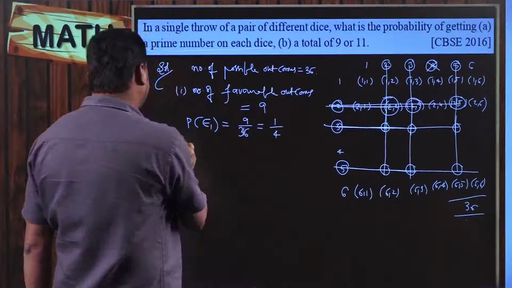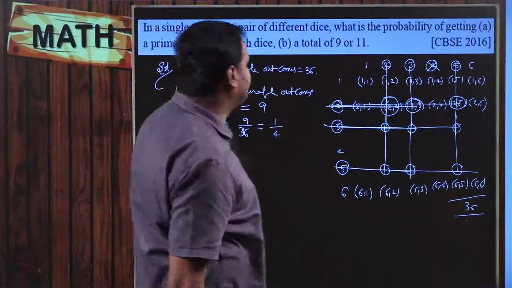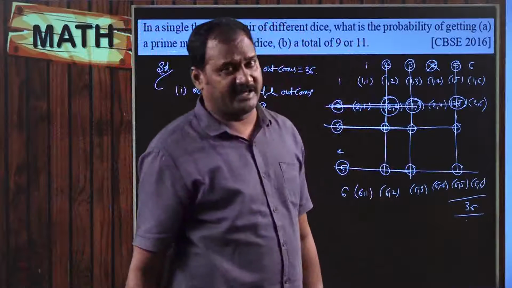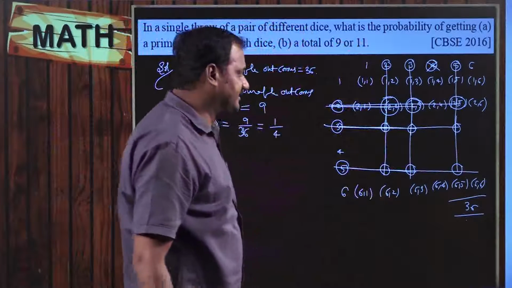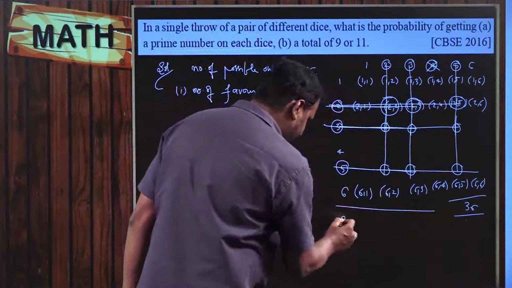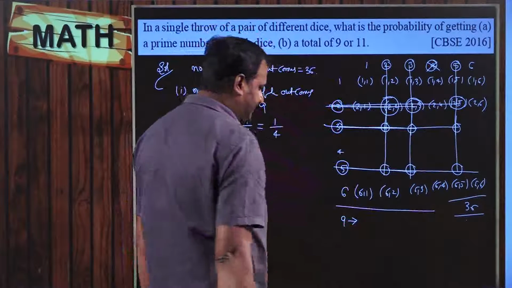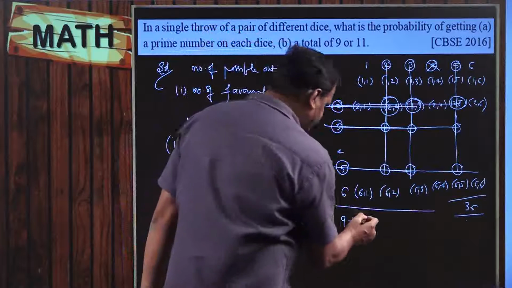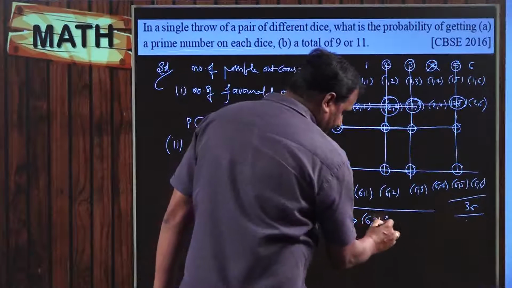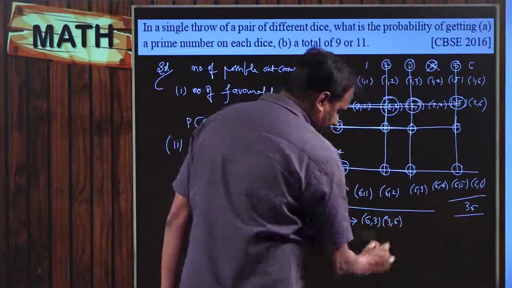And what is the second condition given here? The second condition is a total of 9, otherwise 11. Total of 9. So how do you get a total of 9 here? Let us start with 6. 6 comma 3 is one outcome, and of course 3 comma 6 is also one outcome.